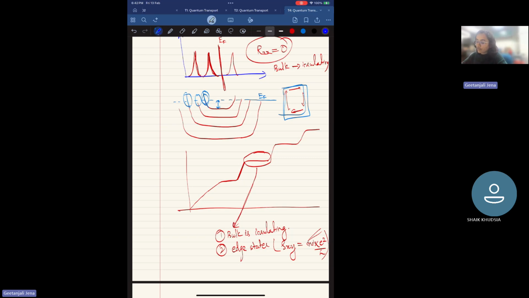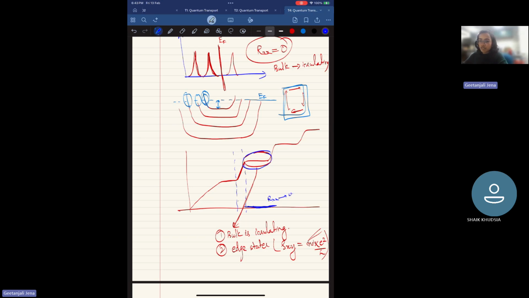Also, we'll see that for this plateau region, the resistivity along the current direction will be 0 because the bulk is insulating. So this plateau region is the region where Rxx also goes to 0. And if we look at this region where the transition is happening, this is the region where the Landau level is passing through the Fermi level. So that means there are unoccupied states. So the bulk will now become conducting.